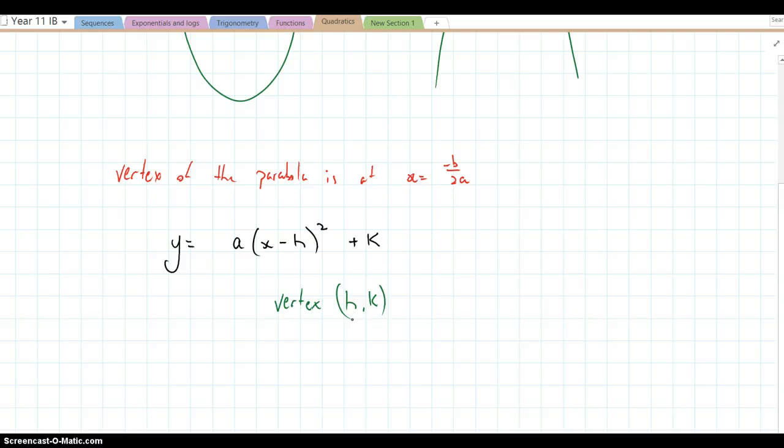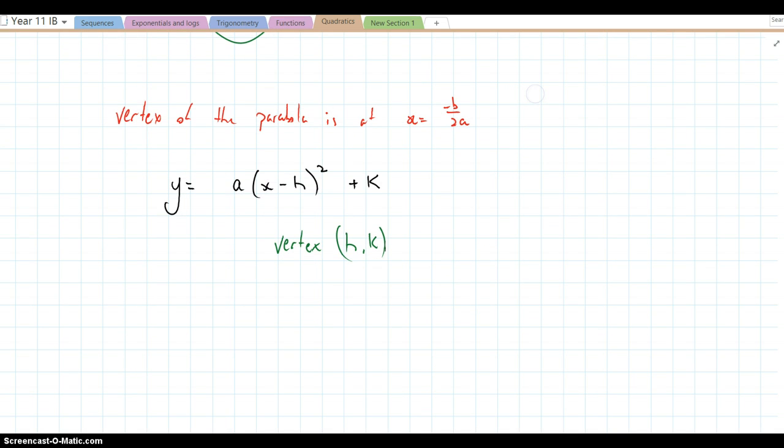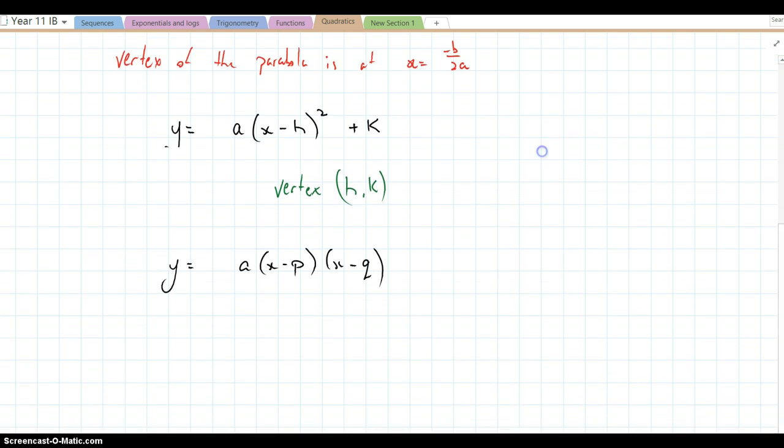And finally, being able to write it in the form y equals a(x minus p)(x minus q), so in that sort of factored form, you should be able to tell that we've got roots at p and q.